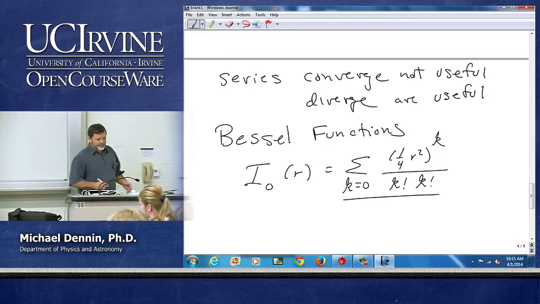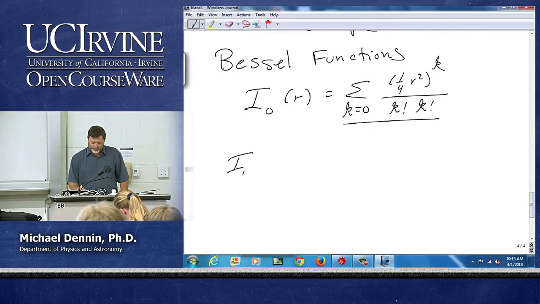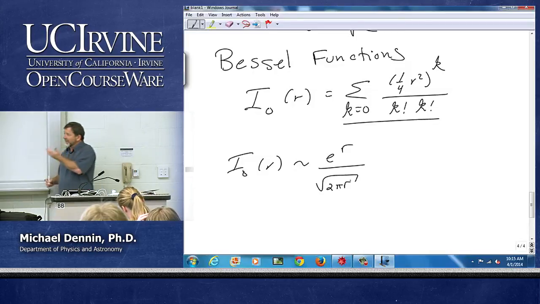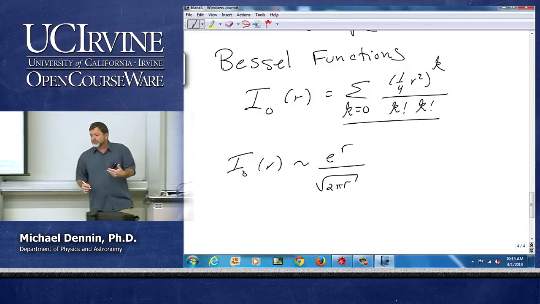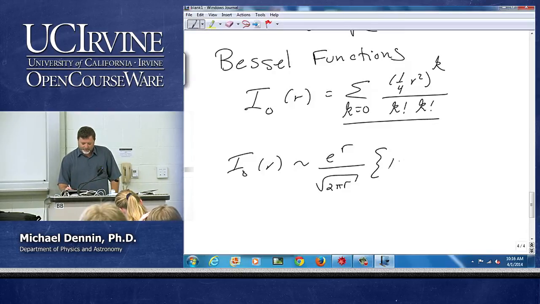There's what we call an asymptotic series for I naught of r. Because for very large r, it behaves basically as e to the r over r. So we can take that term out, because that's its infinite behavior, and add a few terms of powers of 1 over r.